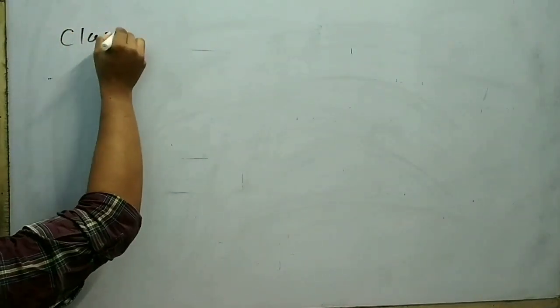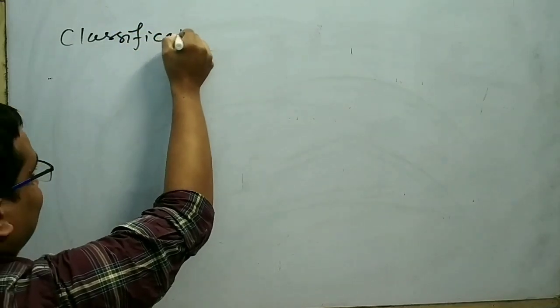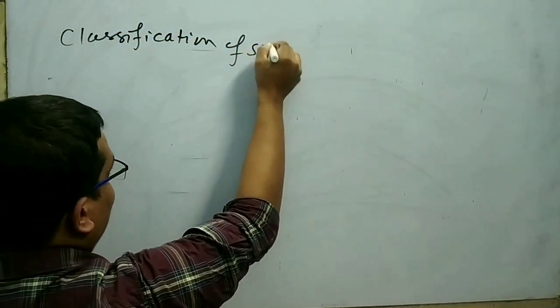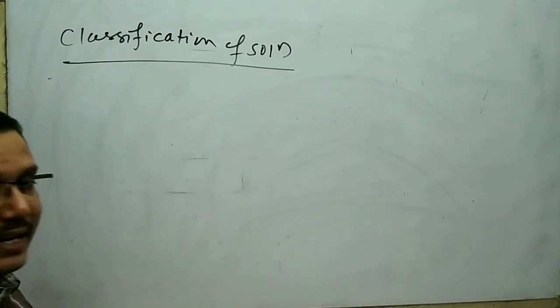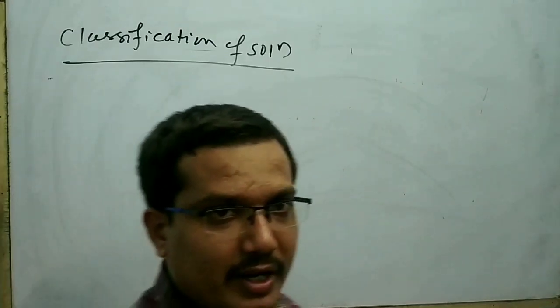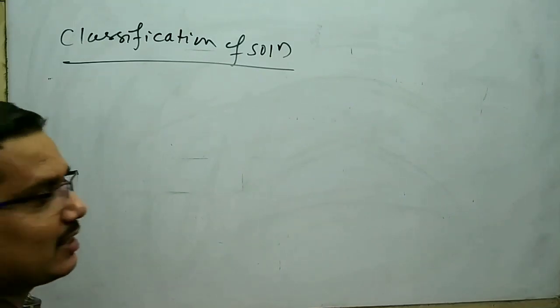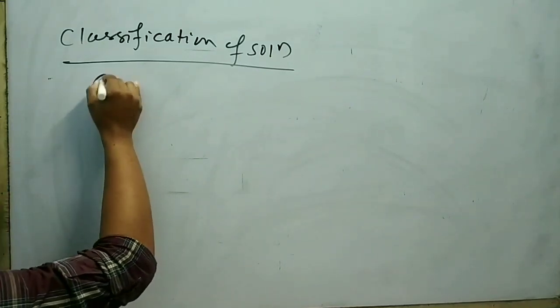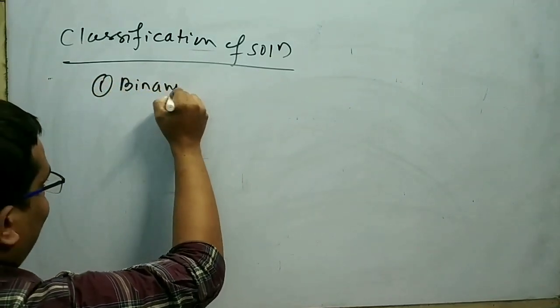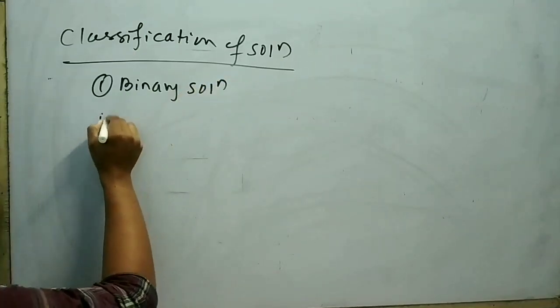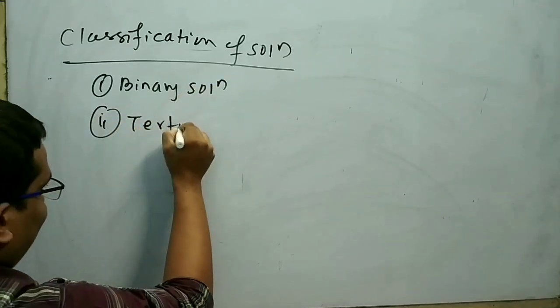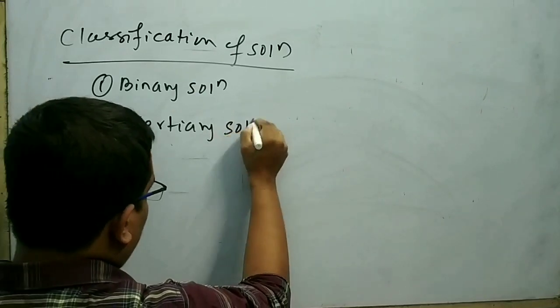Next, I will explain about the classification of solution. Depending upon the number of components by which the solution is made, the solution is classified into different types. Number one is your binary solution. Number two is your tertiary solution.